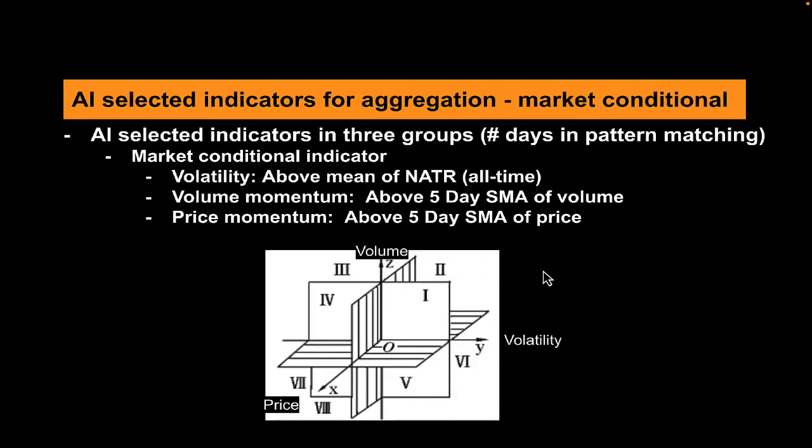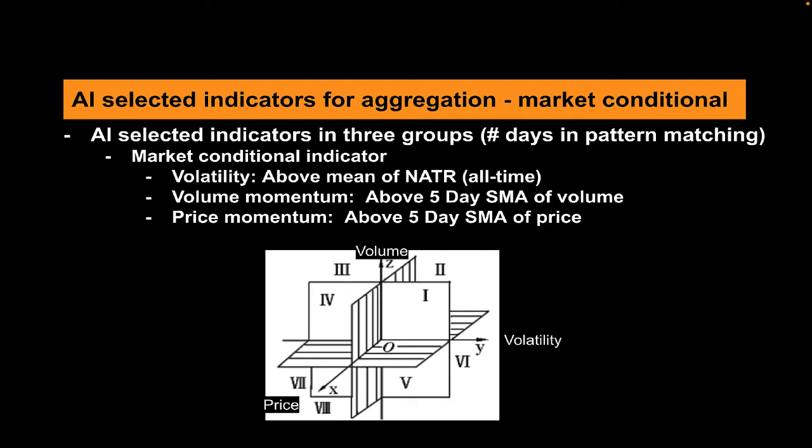The second thing the AI picked is called market condition indicators. That helps the algorithm partition the whole trend of the stock into 8 categories. The first is volatility, the second is volume, and the third is price. When we upload indicators, we really want the system to be able to identify what kind of market condition it is in right now.